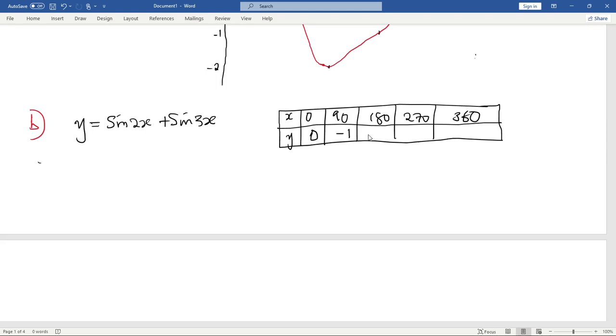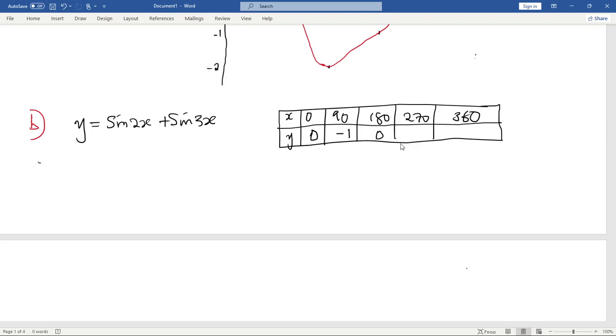Then for the next value, we say sine 2 multiplied by 180 plus sine 3 times 180. So we're going to get a 0 here, then 270 there.